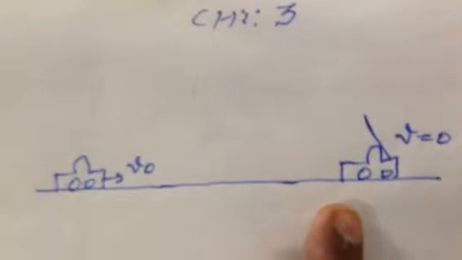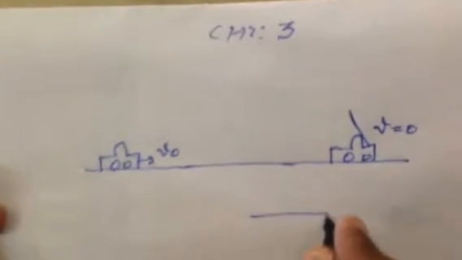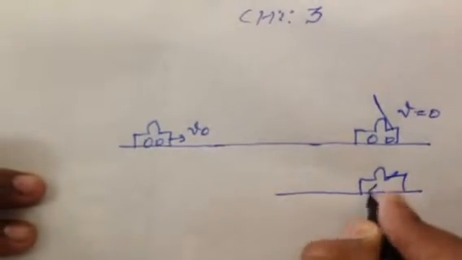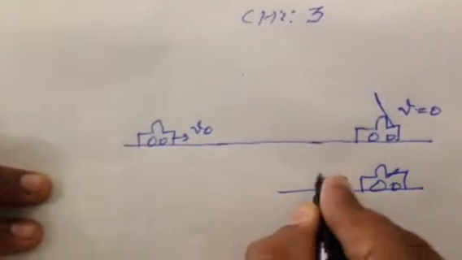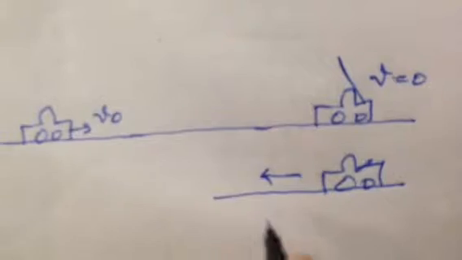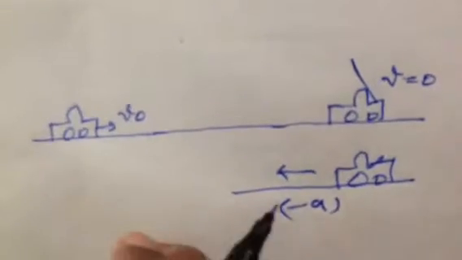Let us try to understand by the figure. In this figure, it is clear that when the brake is applied, the car gets 0 final velocity, but the anti-acceleration is generated.